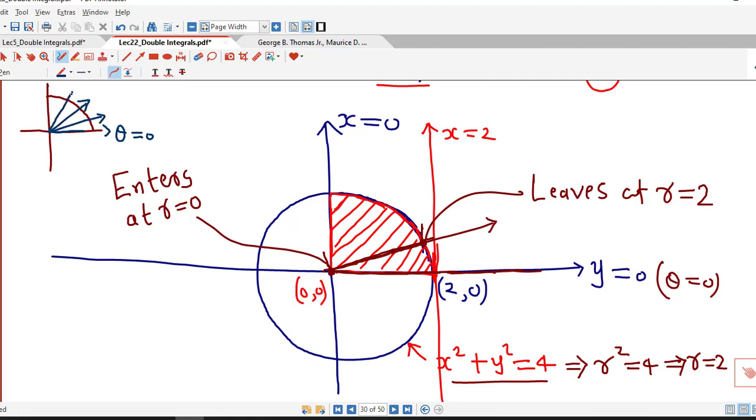We consider this type of rays. So we have to go up to this point, and at this point value of theta is pi by 2. So limits of theta are from 0 to pi by 2. R is from 0 to 2.